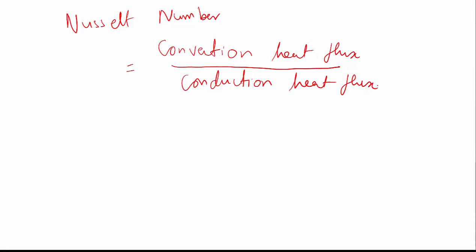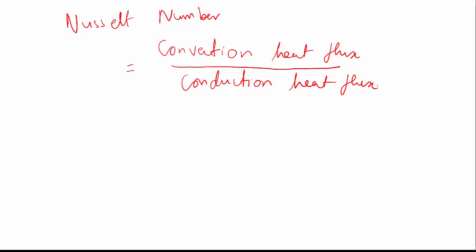Therefore, for that classification, the Nusselt number plays a major vital role. The Nusselt number relates the convection heat flux and conduction heat flux. For example, a Nusselt number equal to 1 means convection heat transfer perfectly matches conduction heat transfer.